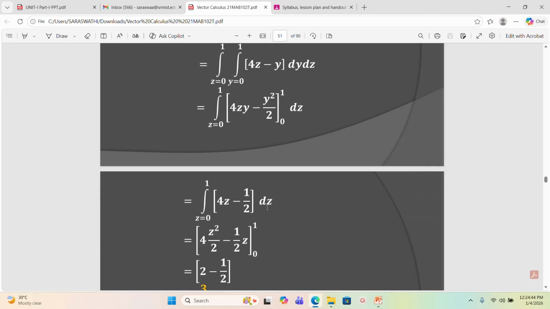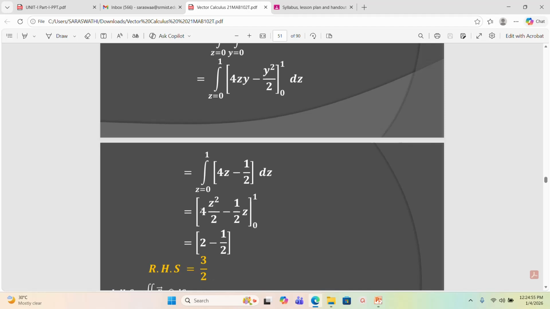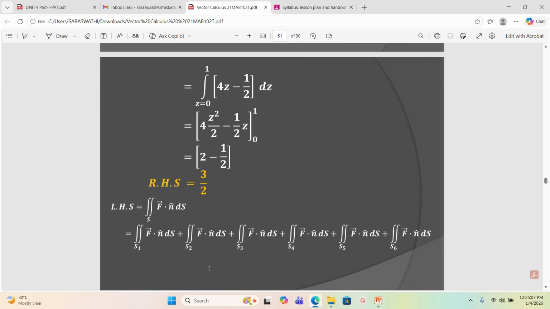Now the integral of 4z dz is 4z square by 2, minus 1 by 2 is a constant, whose integral is z, with limits from 0 to 1. At z equal to 1, 4 by 2 is 2, minus 1 by 2 at the upper limit, so 2 minus 1 by 2 is equal to 3 by 2. So the entire right hand side answer is 3 by 2.